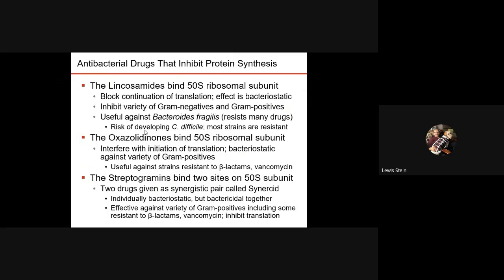It was interesting. Remember we talked about synergistic relationships, that two of them work better together. They took two of these streptogramins that targeted protein synthesis, and found something that was actually bactericidal. And you can see they work against strains resistant to beta lactams, the vancomycin.